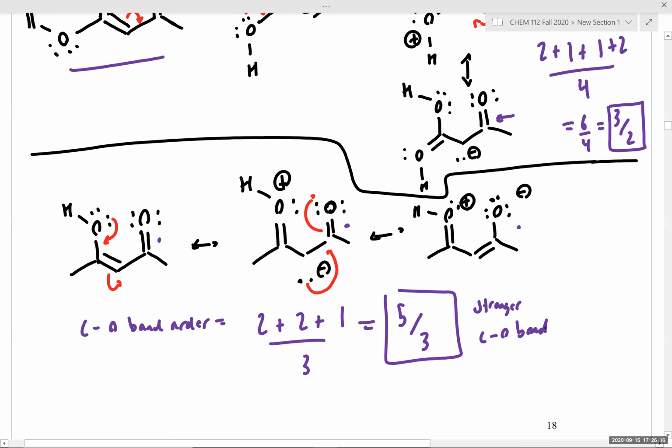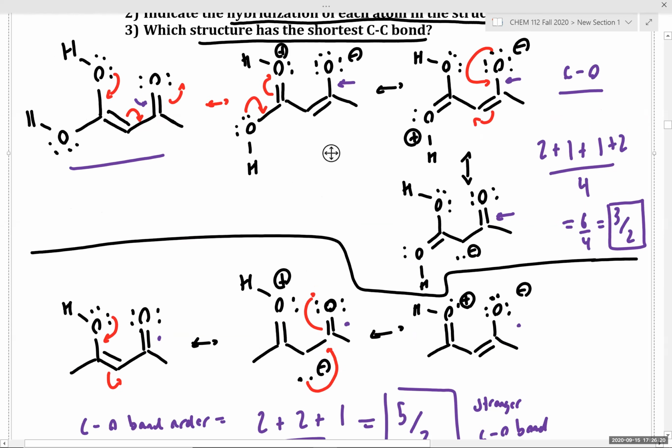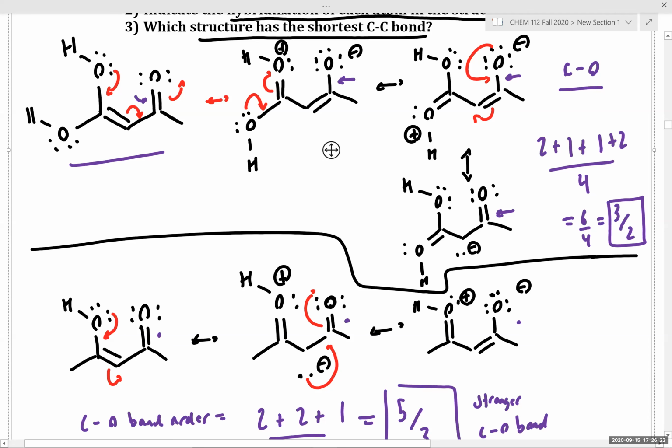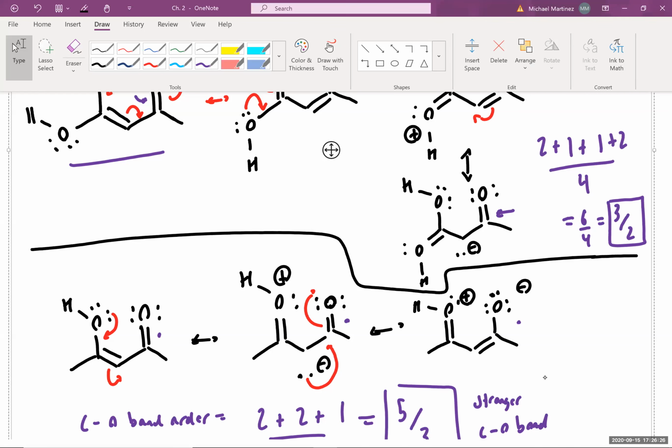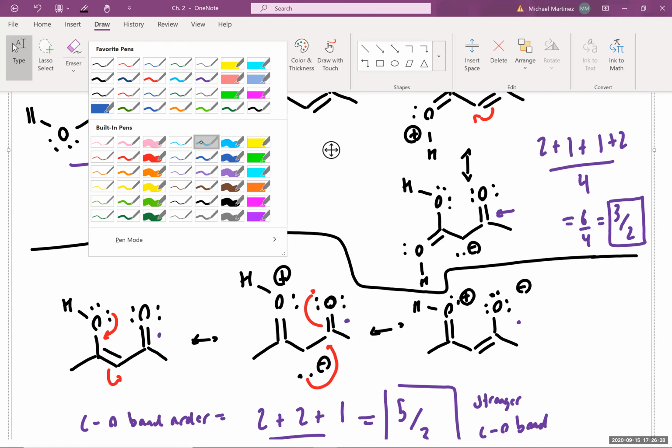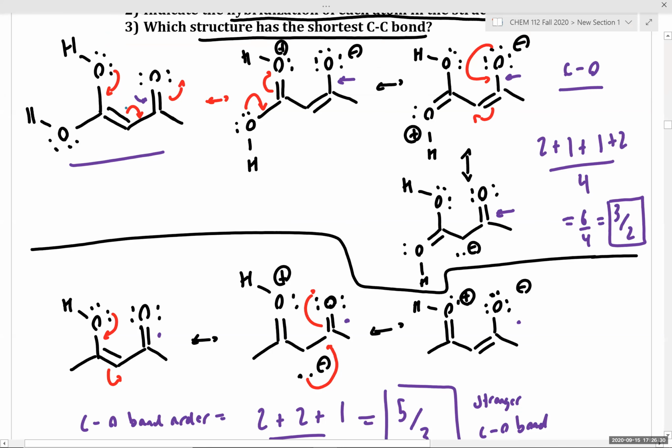carbon-oxygen bond. Another way to think about this, if you don't want to manually calculate each of your bond orders: the more atoms that you have participating in resonance, the more atoms that you're distributing your electron density over.